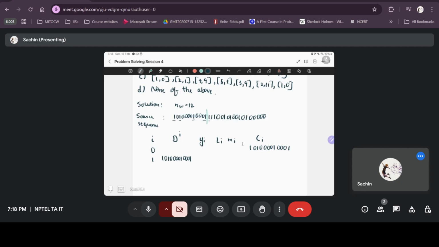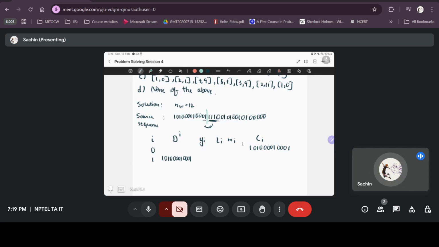Then 1 1. This location doesn't match here, doesn't match here, but this 1 1 does match with this 1 1. Again, this 1 1 1 matches with this 1 1 1.